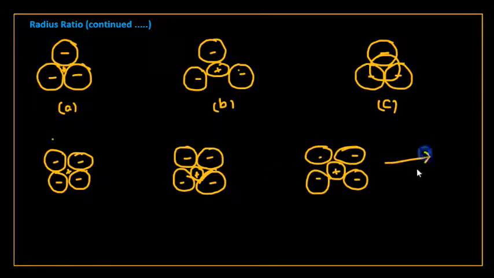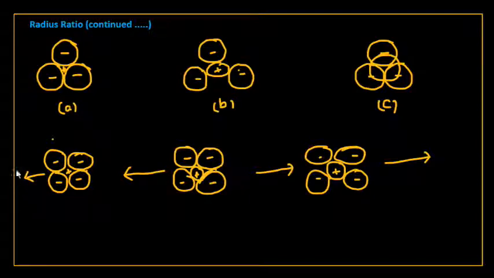In this way it can go on. And in the extreme left it can change to a stable tetrahedral arrangement where coordination number is 4.